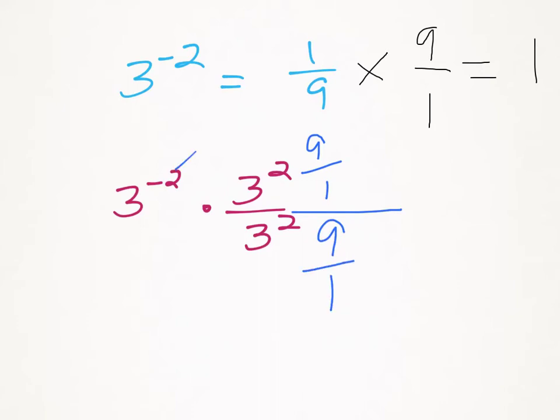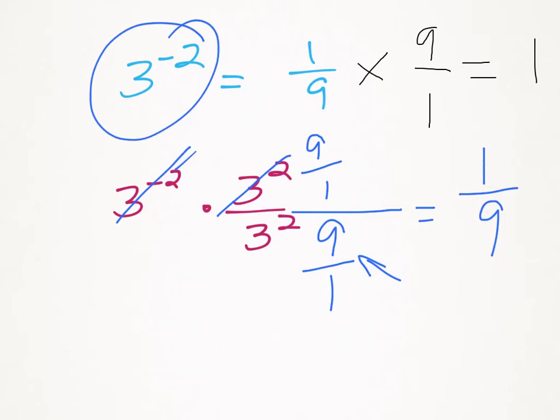This will cancel out the 3 to the negative second power with the 3 squared, because when you multiply those two together, you're going to get 1. So what you'll be left with when we simplify the denominator is 1 over 9. Essentially what it all means is, if you see this, do this. Take your exponent and your base number and make it the denominator.